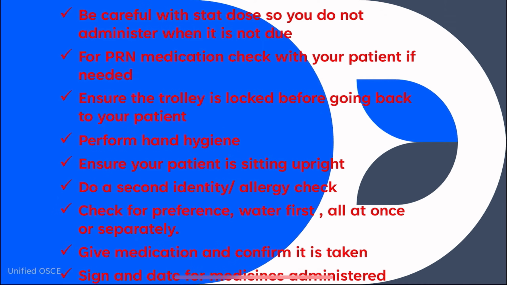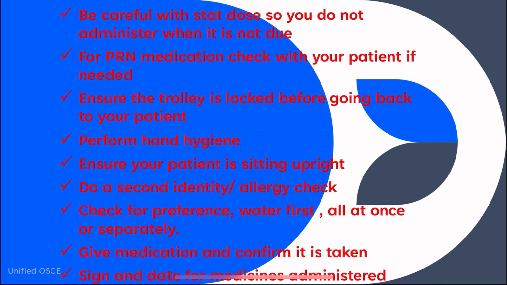Give the medication and confirm it is swallowed or taken. You can do that by asking them, can you open your mouth, or whichever way you choose to confirm that. Then you can take permission, do your hand hygiene, verbalize you will be around for 30 minutes again as a form of reassurance. Then take permission, sign and date the medications that you have given.